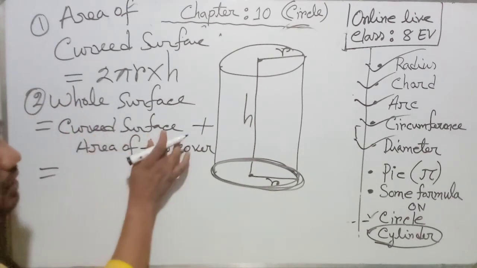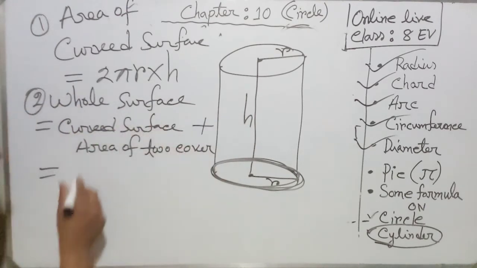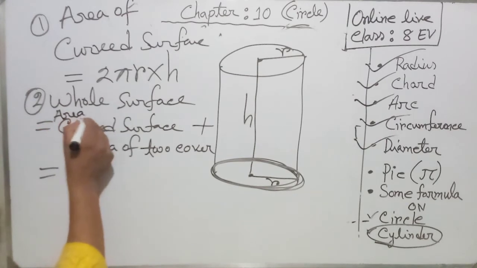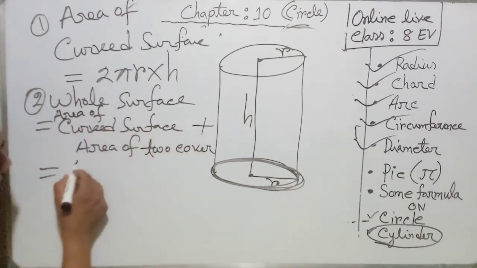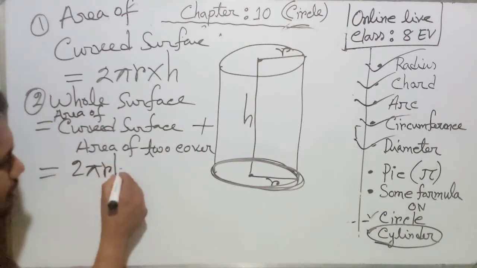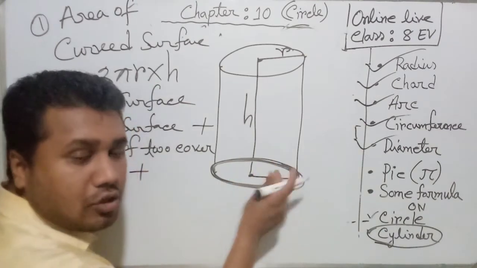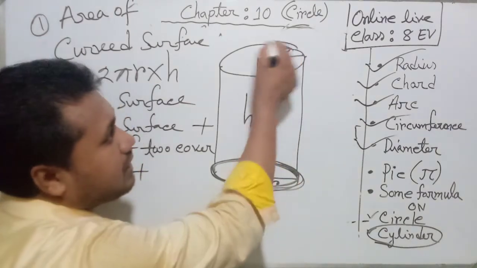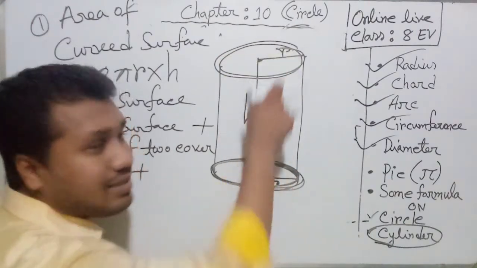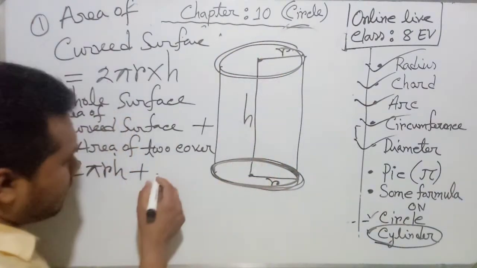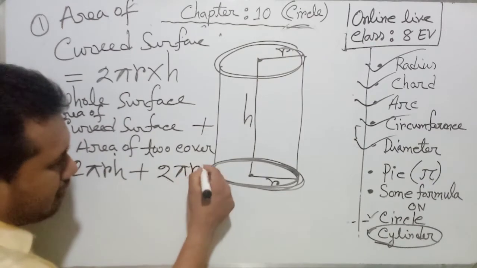Now we know the area of the curved surface is 2 pi r h, and the area of two covers: look, this is a circle, so its area is pi r square. This is another circle, both are the same, so we can say 2 pi r square.